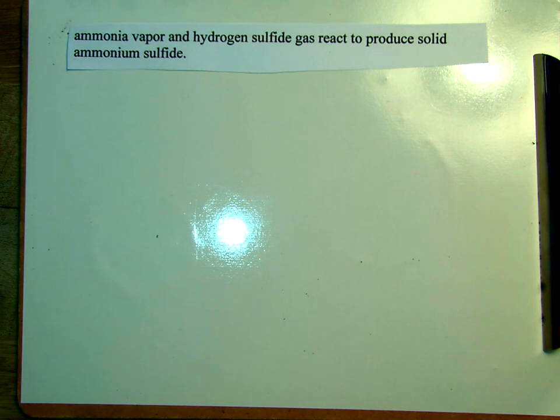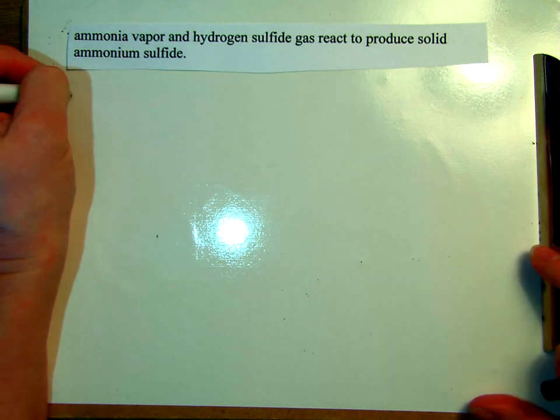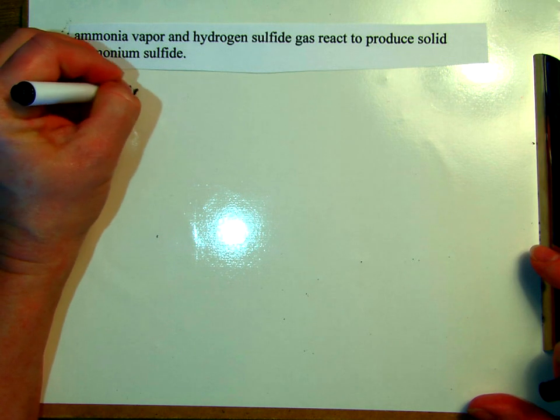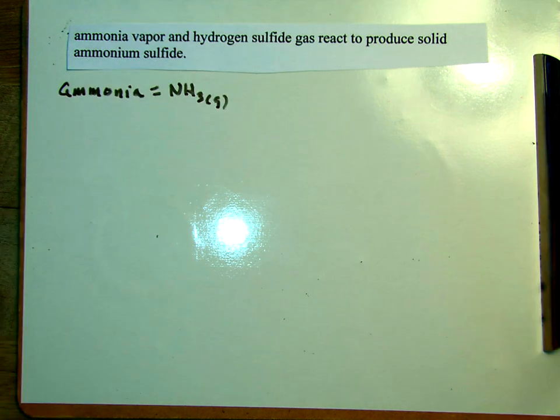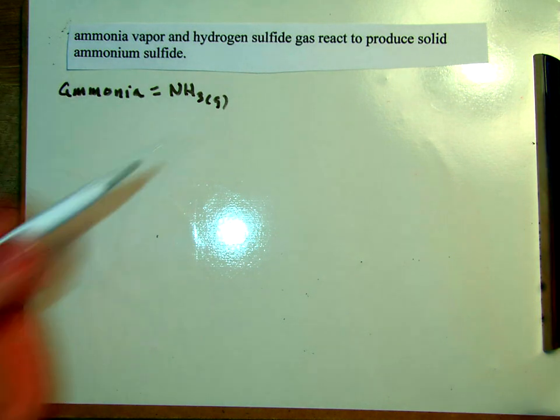Okay, and to solve this one, you need to know that the formula for ammonia vapor is NH3 gas. Now, ammonia is a pretty common compound, so when we created this worksheet years ago, we kind of assumed that students knew ammonia was NH3, but I'm just telling you that in case you don't know that. Okay, so ammonia vapor is NH3 gas.